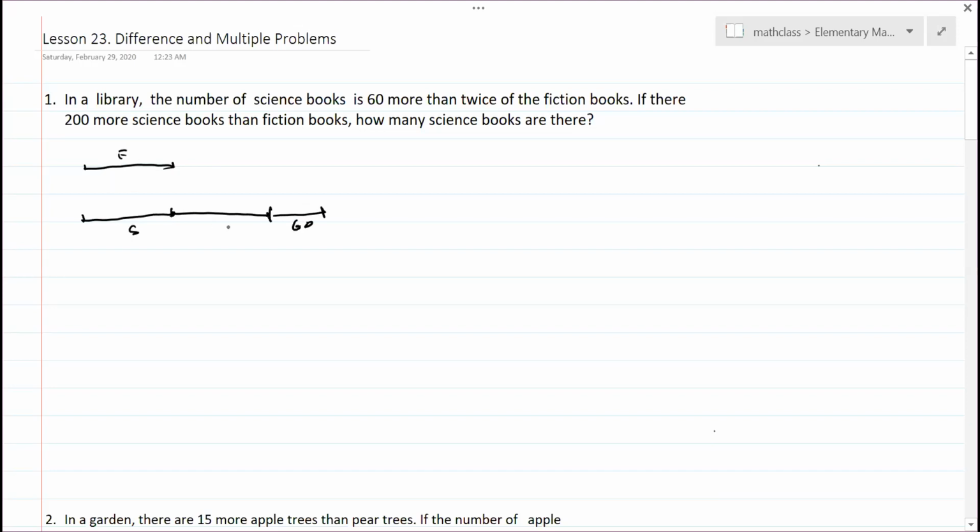This is science books. But we also know that there are 200 more science books than fiction books. So if you compare the science books, it's all science books, right? Let me draw another picture.